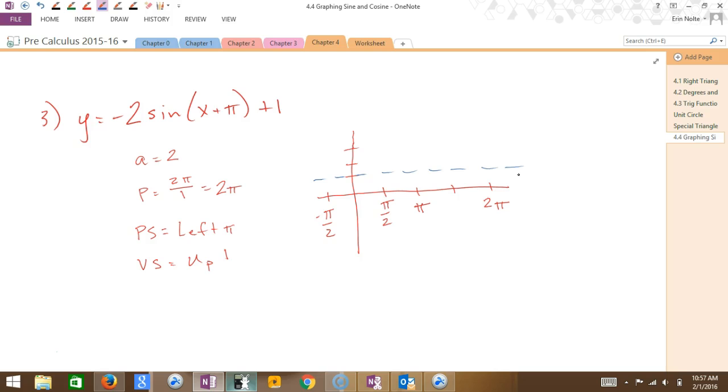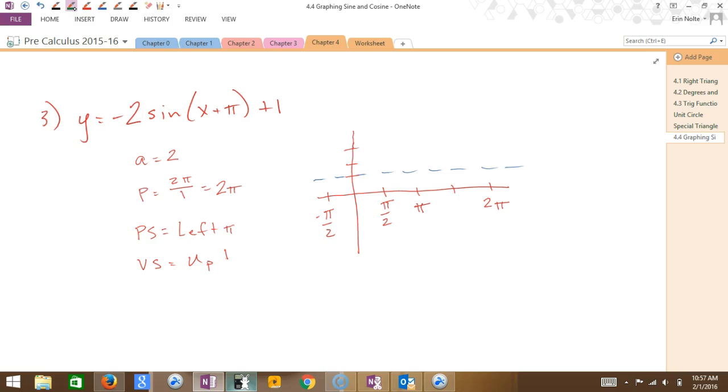Okay. All right. So this one is a little trickier. You ready? I'm gonna draw in green. Okay. So first of all, we got a sine function. Where's the sine function? Usually start at 0. Okay, but we have two shifts, right? We've got an up one, which takes us to the midline, and then we also have a left pi.